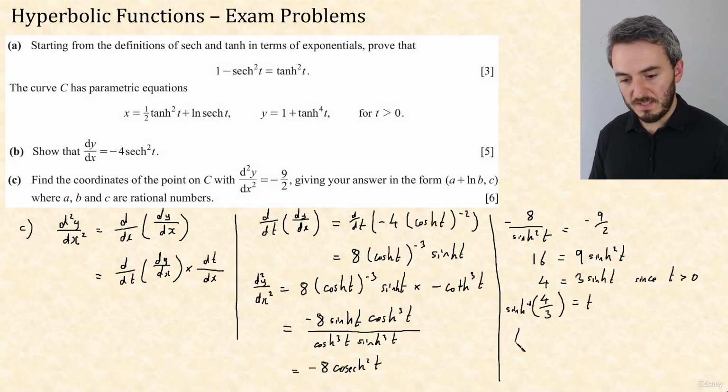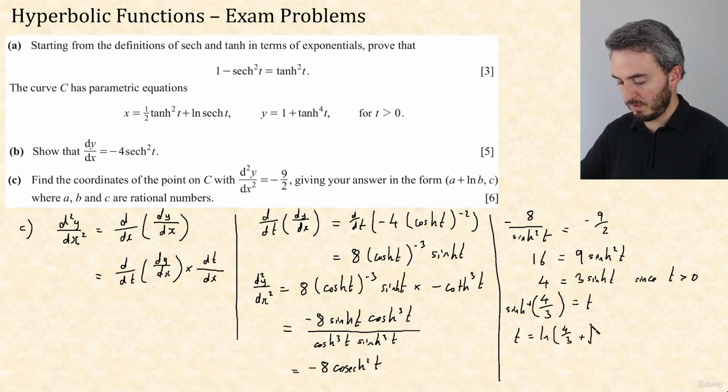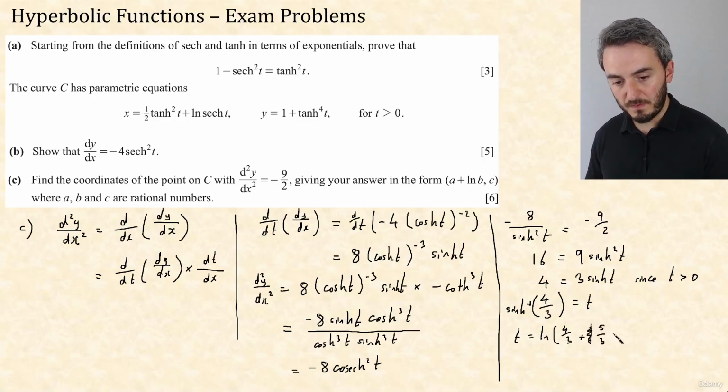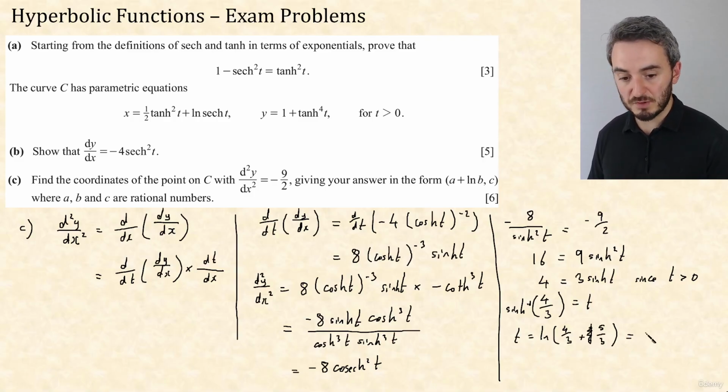So that means that t is ln of x plus root x squared plus 1. So what is that? 4/3 squared plus 1 is 25/9, and the square root of that is 5/3. So you don't need to bother with that. 5/3 plus 4/3 is 9/3, so that's just ln 3. Great. t is ln 3.